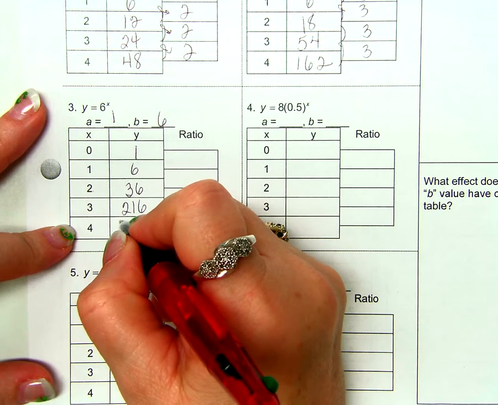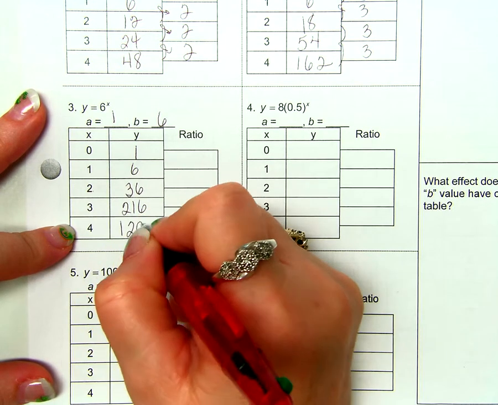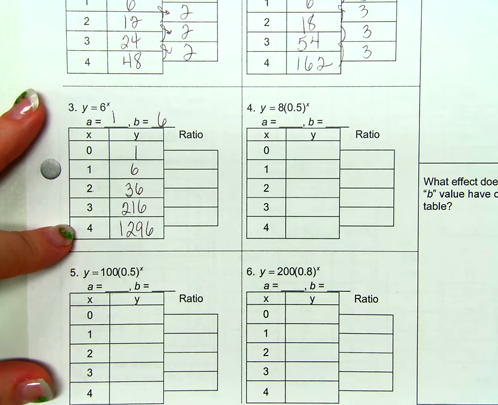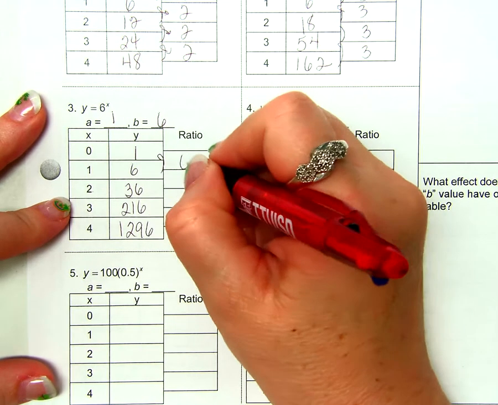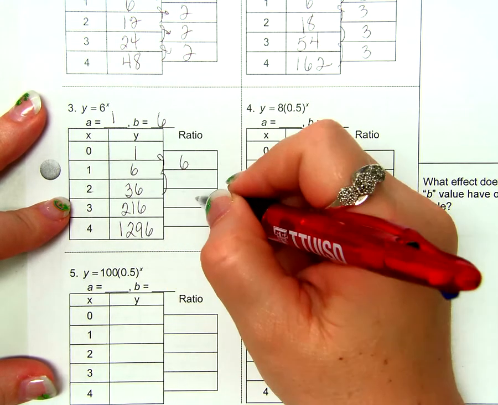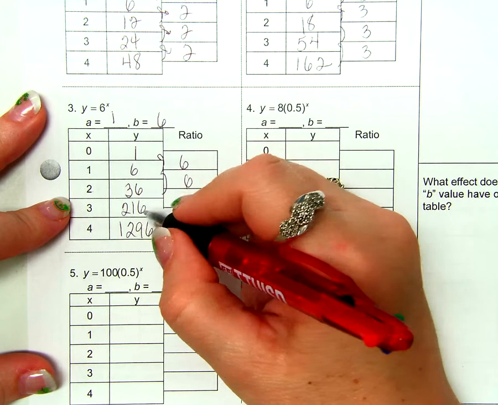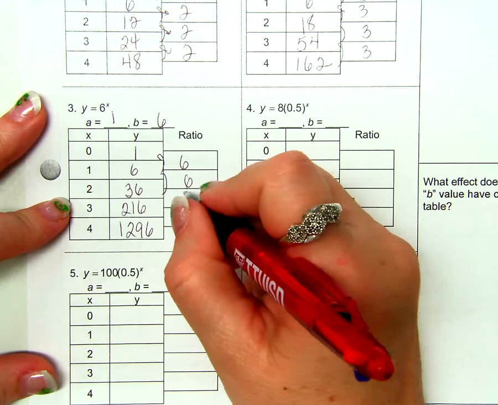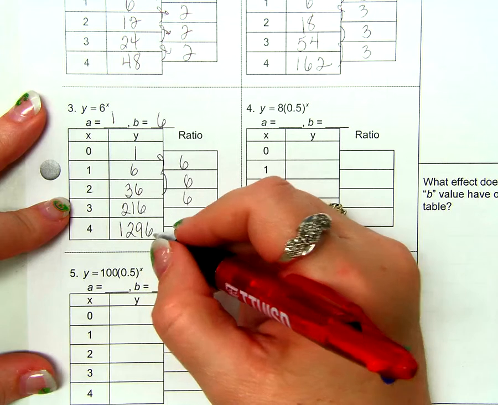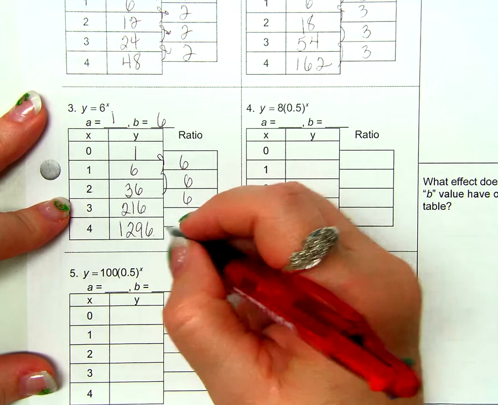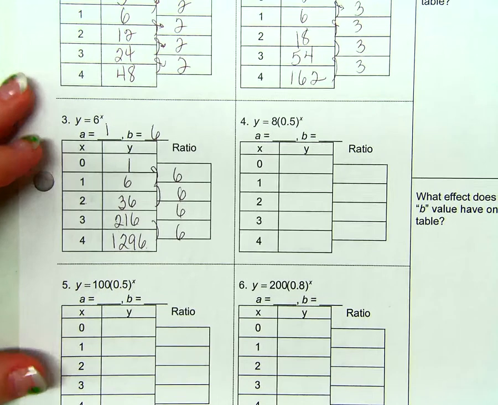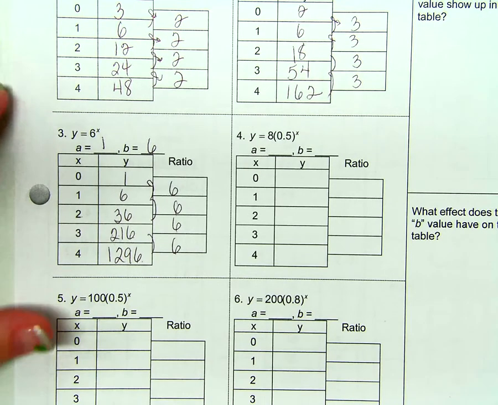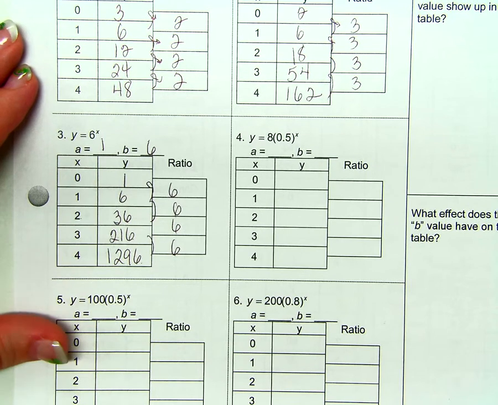Common ratio. 6 divided by 1. 36 divided by 6. 216 divided by 36. 1296 divided by 216. It's 6.